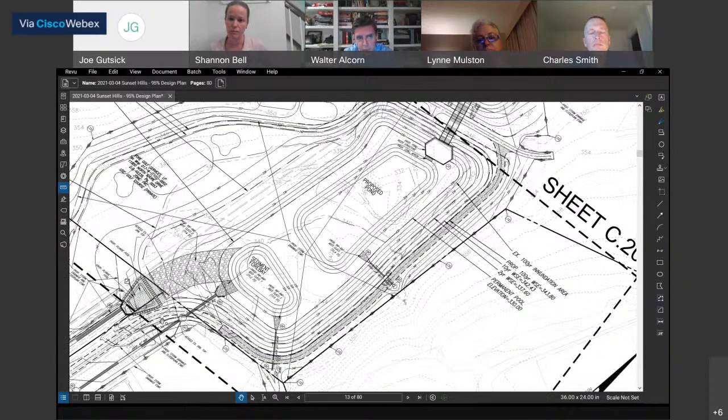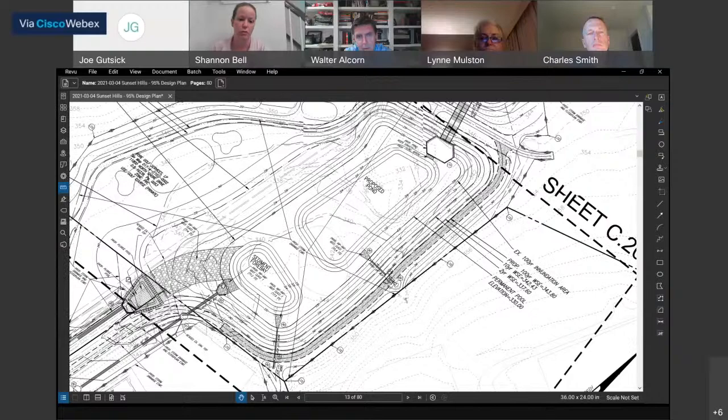And I know you mentioned this is a fairly deliberate process. I think on the project website, you were thinking this was going to commence in 2022. Is that still your plan? That's our hope. It's based on if we can get the land rights that we need for this property.